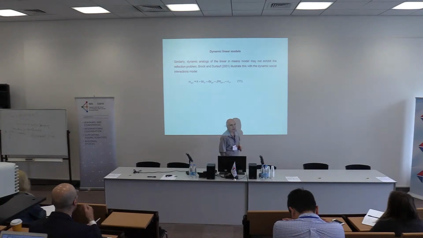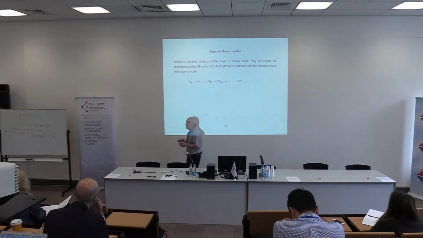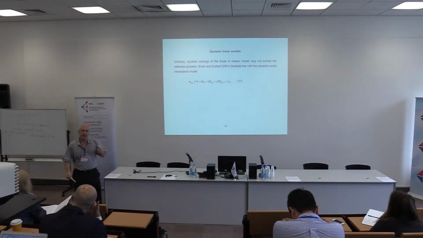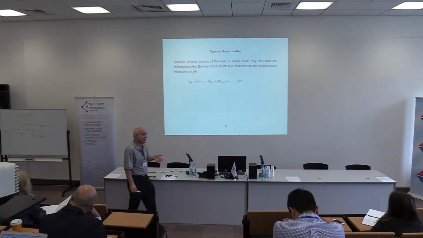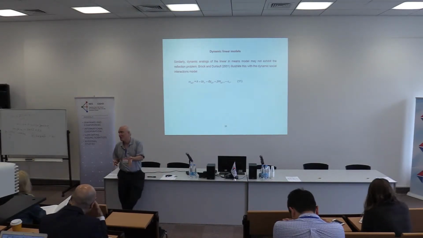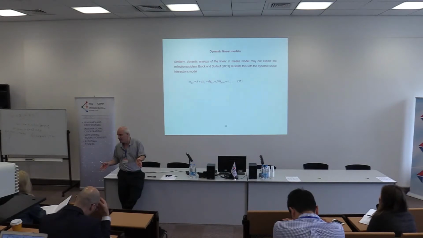So, one message that I want on the table is that when we move from linear to nonlinear worlds, this so-called reflection problem disappears. In other words, the reflection problem is the specific problem of the failure of identification in linear simultaneous equation systems, and one of the paths for it to disappear is to work in nonlinear environments.